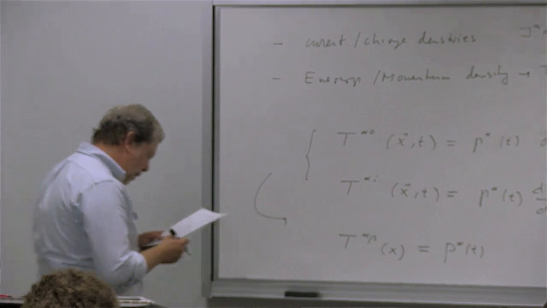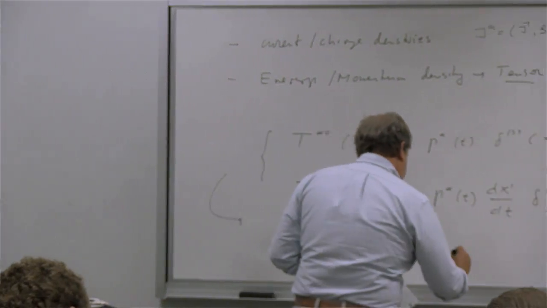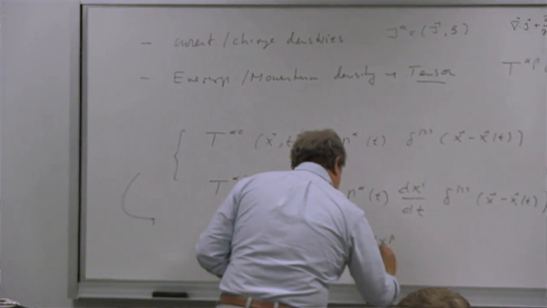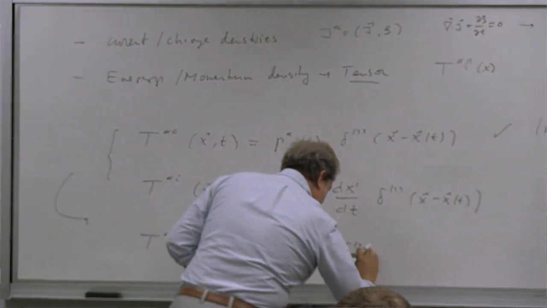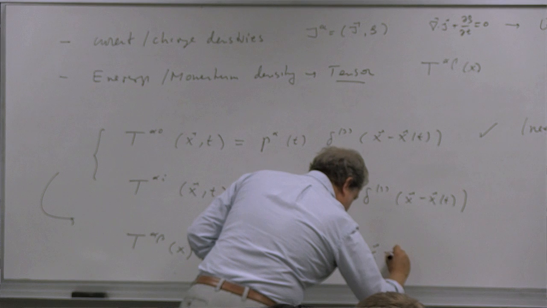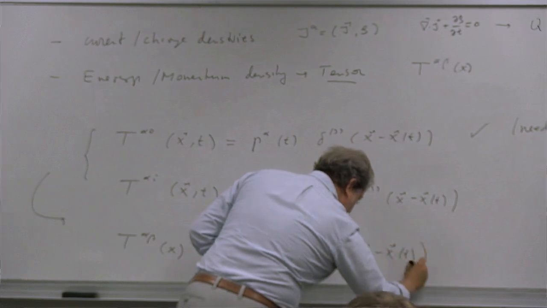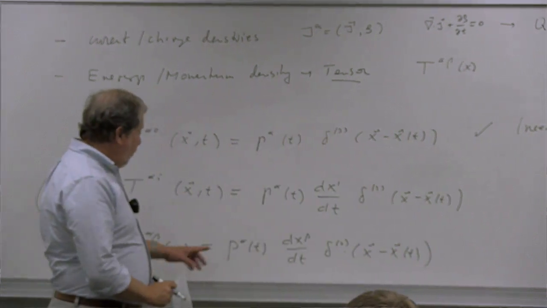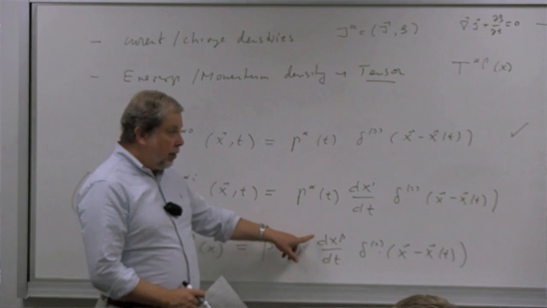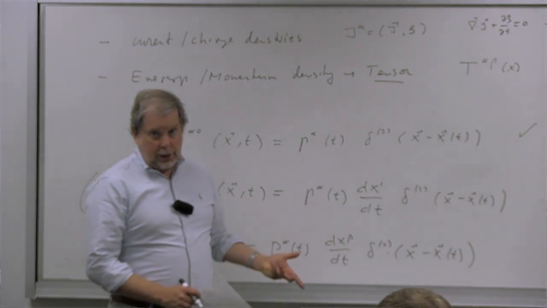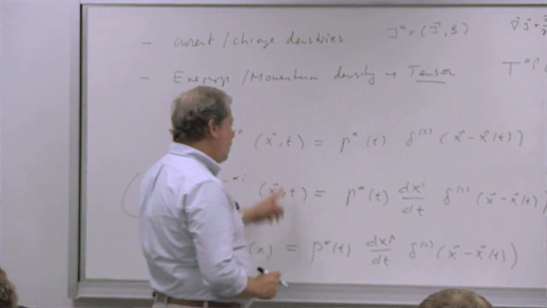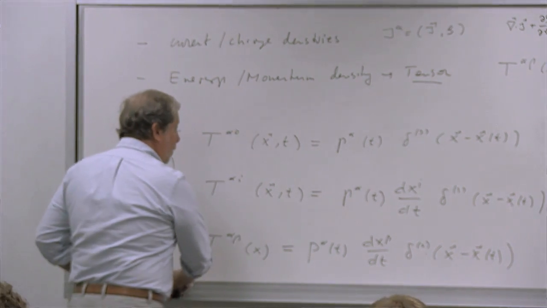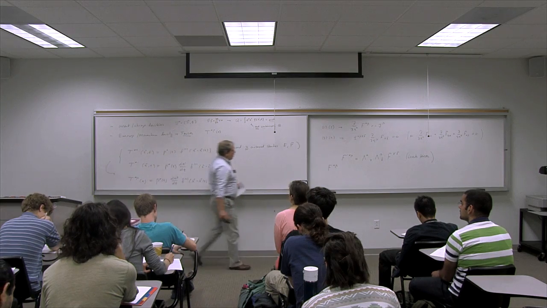And for the second one, it would be dx^beta by dt times delta 3 of x minus x of t. That works because if you take the naught component, you get dx^0 by dt, which is dt by dt, which is 1. So this combines the previous ones into one single expression.